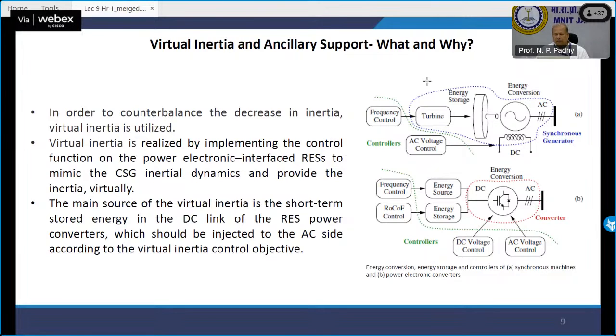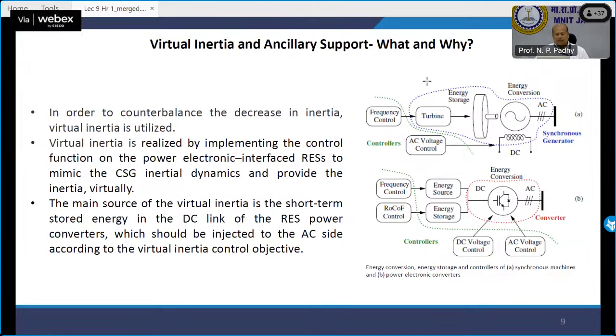So there is a comparison I'm just trying to make. You have a synchronous generator. A lot of good research happened in this area. This is a very good PhD topic. So you could see there is a synchronous machine. The same synchronous machine phenomena can be experienced through a converter. All right. So you could see in the synchronous machine, there is energy conversion, there is a turbine, and frequency control happens.